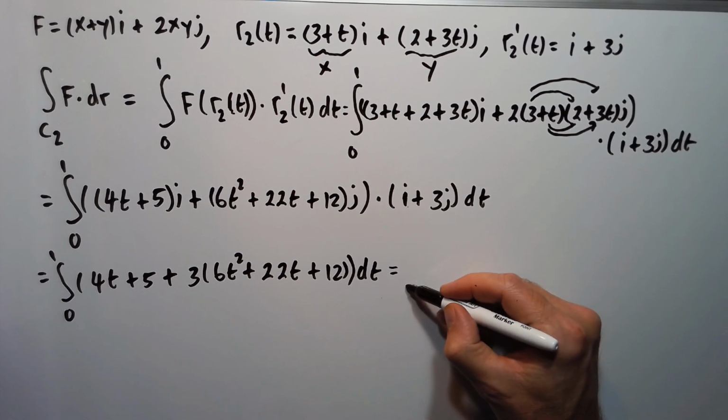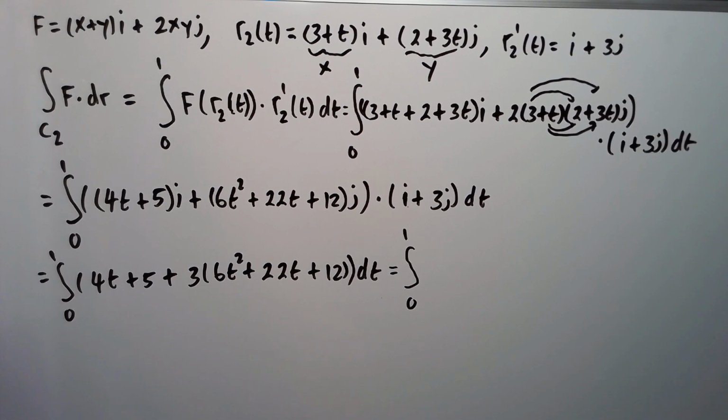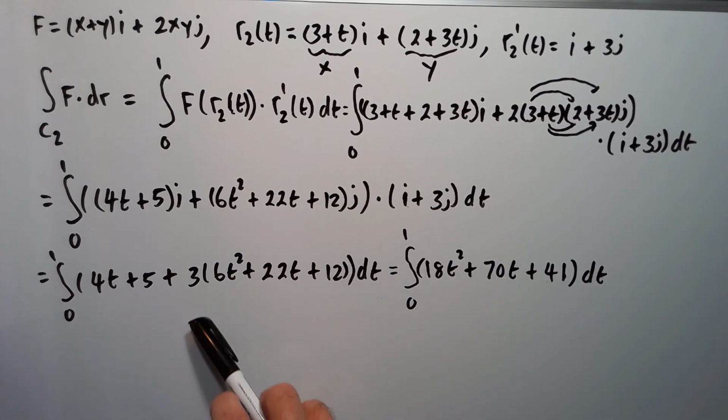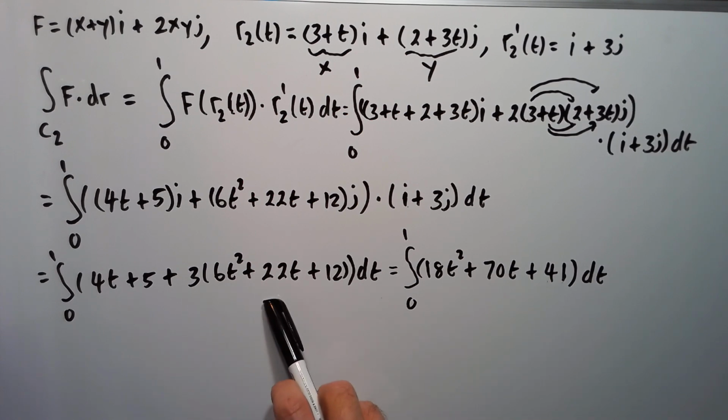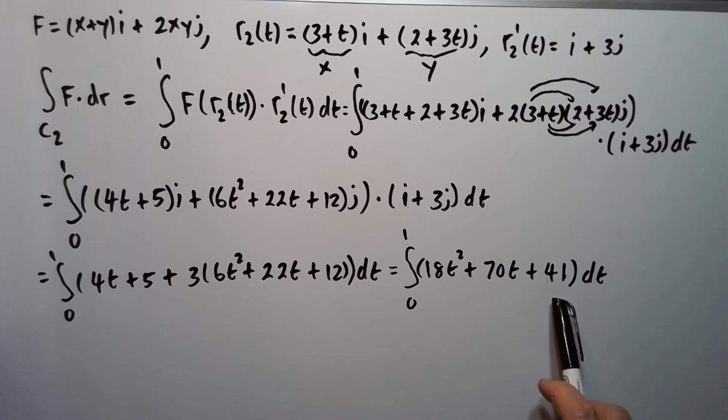Then combining like terms, you have an 18t squared and 66t plus another 4t, so 70t. You have a 36 and a 5, so 41.